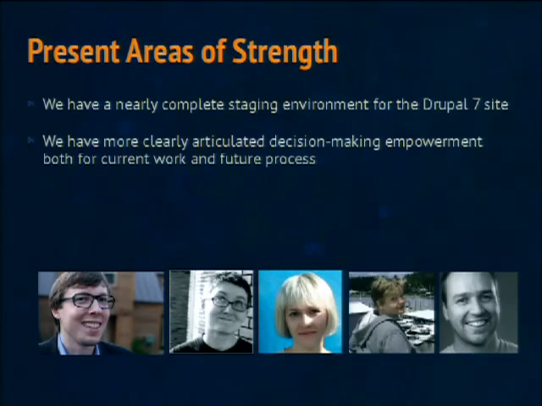And we have a more clearly articulated decision-making process and empowerment for both our current work and our future process. So at this point in time, Neil gets the double-wide picture because Neil's the one who is really empowered to make a lot of decisions that even a year ago, no one felt like they could clearly make. He's also a member of the Drupal.org software working group, along with Angie Byron, Tatiana, me, and Kim Pepper.